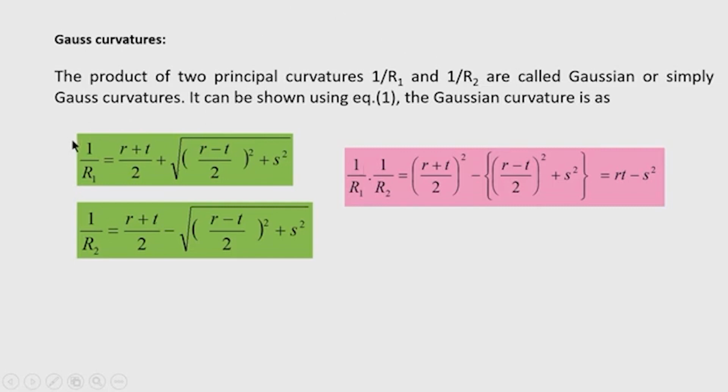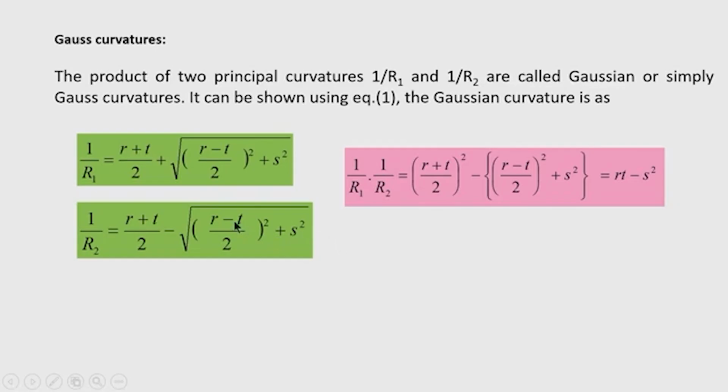So, if I make a product of 1 by r 1 and 1 by r 2, I will get ((r plus t) divided by 2) whole square minus (((r minus t) divided by 2) whole square plus s square). So, after simplification you will get r t minus s square. So, Gaussian curvature is nothing but r t minus s square.